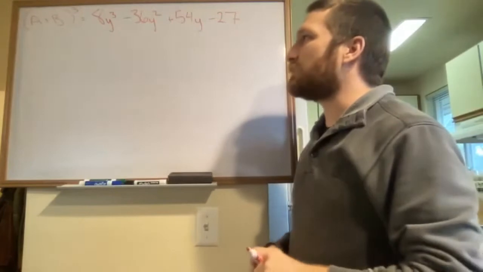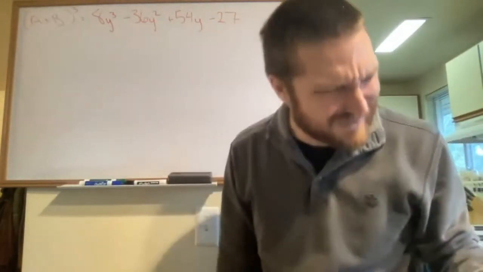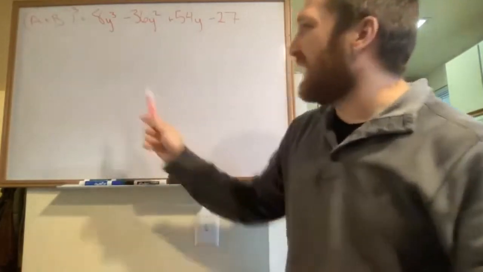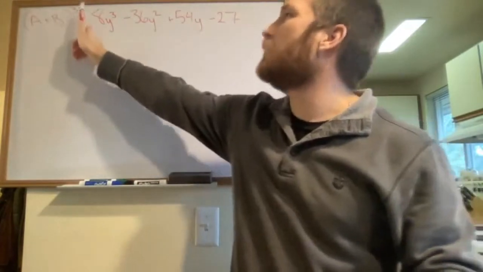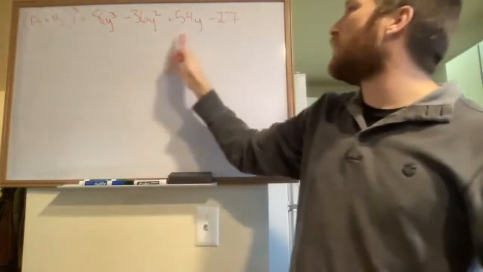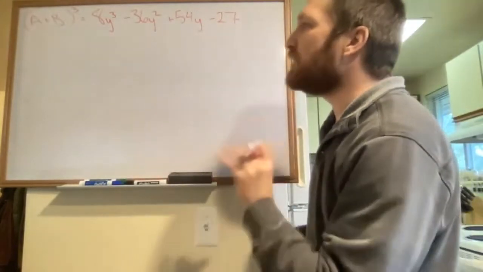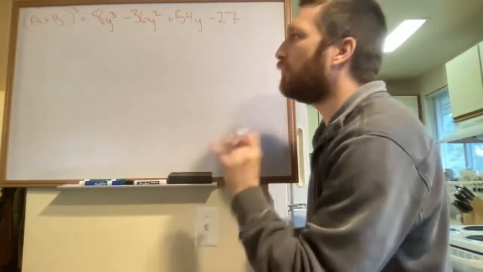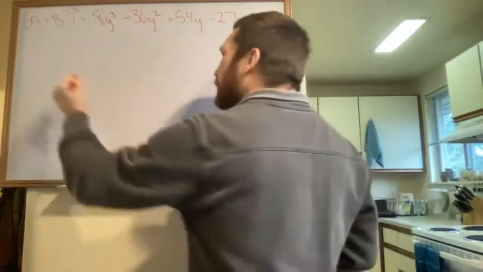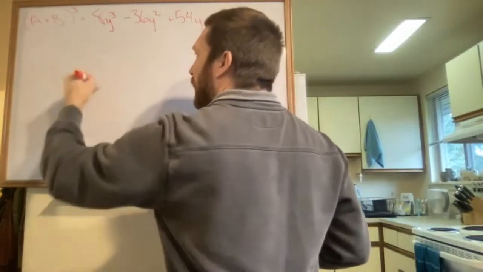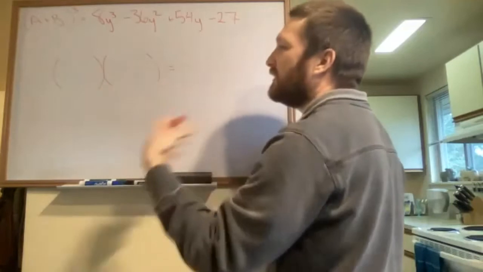I think that's probably the hardest part of the question: wait, what? When I read this, I wondered what they were talking about. What they're saying is that there's some binomial, some number here and some number here, so that when you do this to it, this is what pops out. It's just like when you FOIL something: first, outer, inner, last.